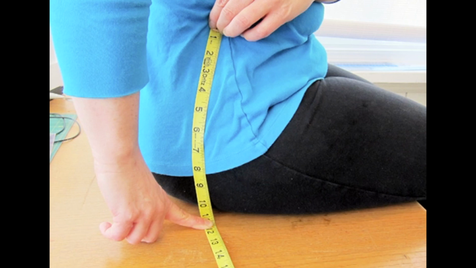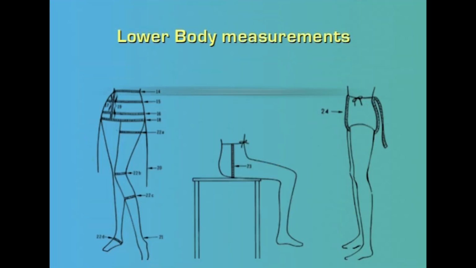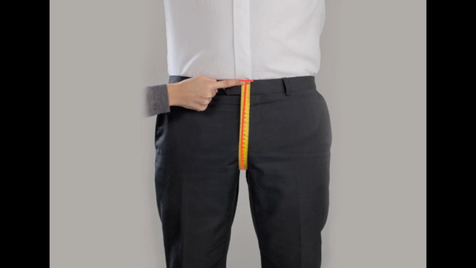Sit erectly on a hard, flat surface. Measure along curve on side of the body from waistline tape to flat surface. Crotch length. Measure total crotch length from front waistline between legs to back waistline.